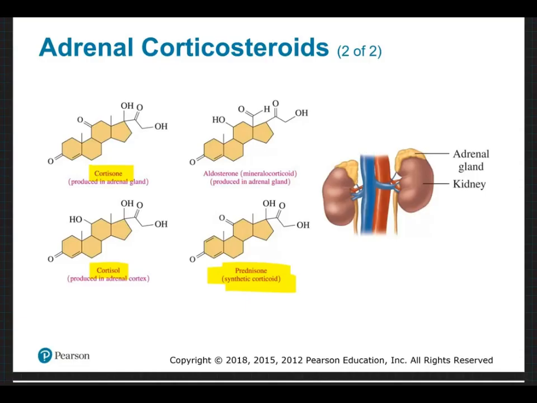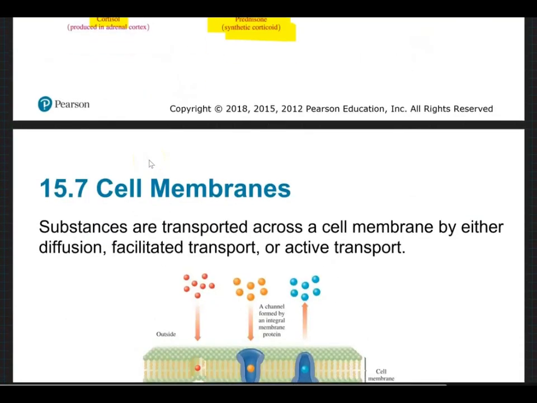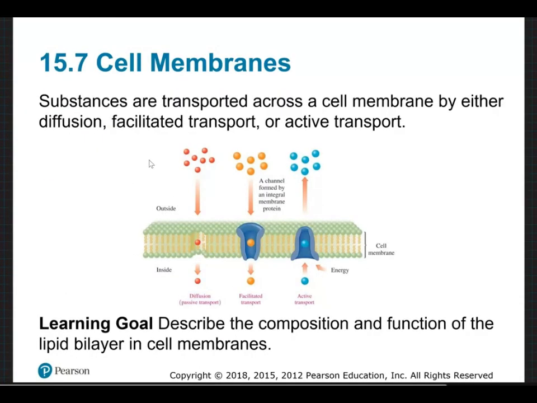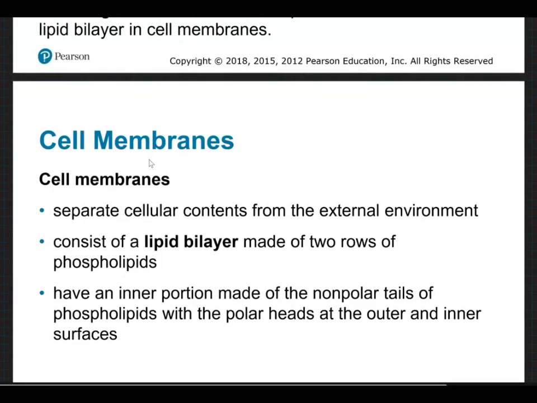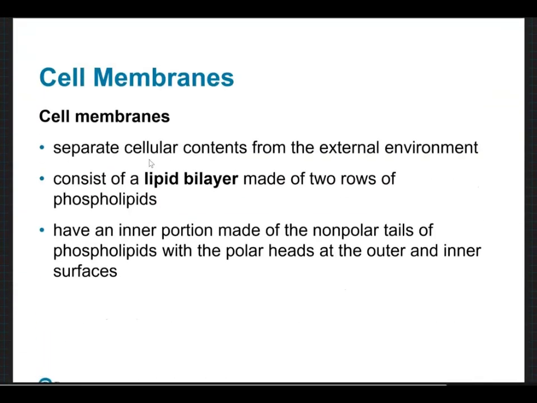Now, the last bit that we're going to chat about is cell membranes, and then we're going to take a break, a well-deserved break. So cell membranes, as we discussed before, separate what's inside of the cell from what's outside. It's a lipid bilayer that consists of two rows of phospholipids.